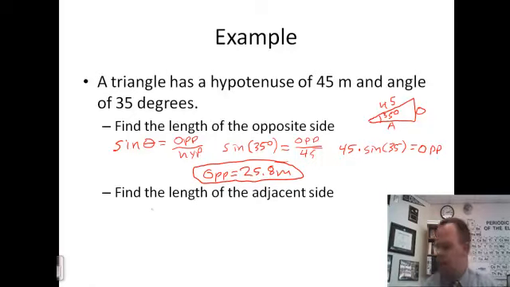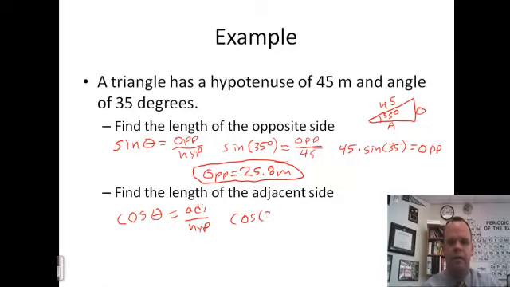Second problem, find the adjacent side. This time we're going to use cosine of an angle equals the adjacent over the hypotenuse. So the cosine of 35 equals the adjacent over 45.